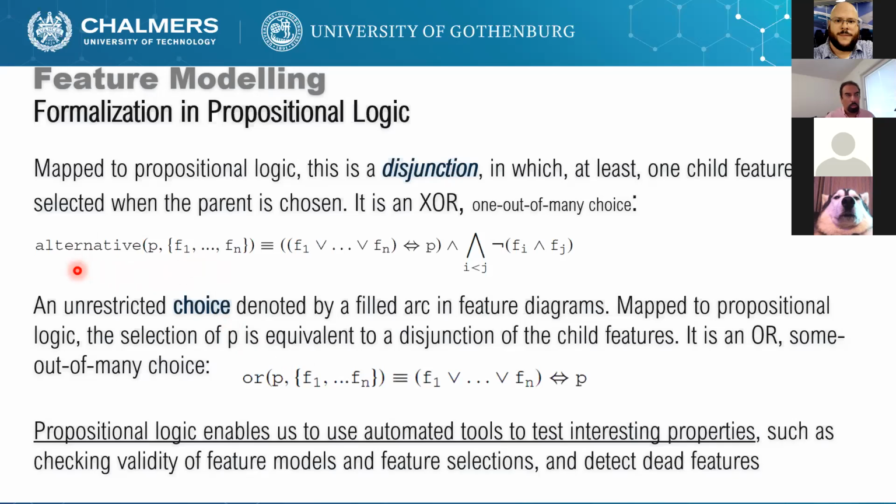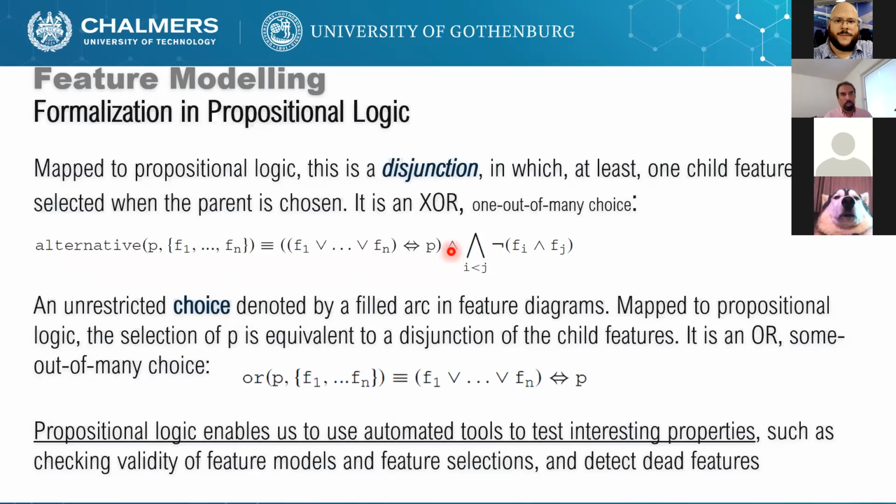You have to know the alternative first, because it's the open circle, if you remember. And here you put the parent, and here is the possible list of children from 1 to n, and you say it's equal. This is a child, or this is a child, or this is a child, but they are mandatory to the parent.